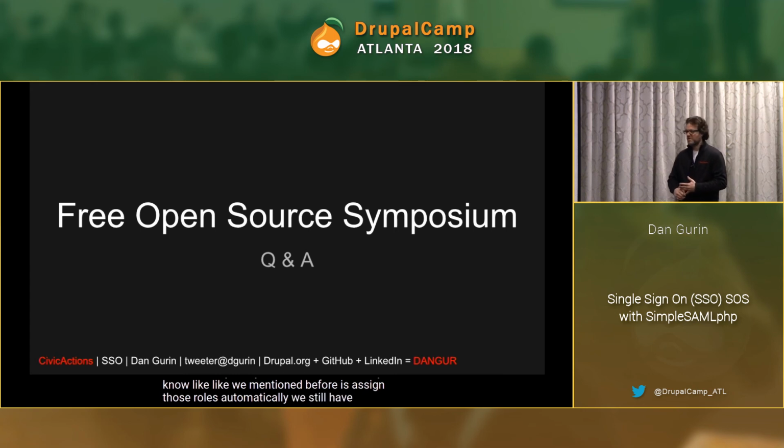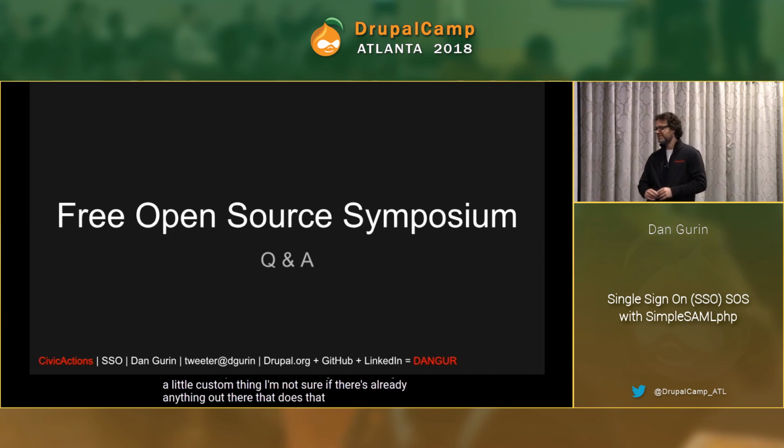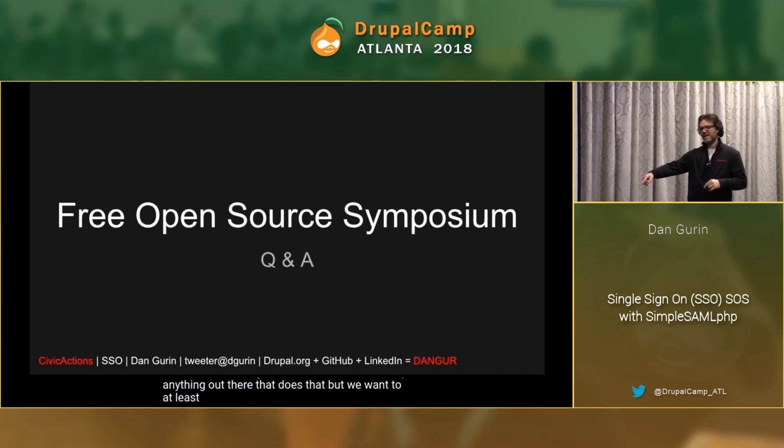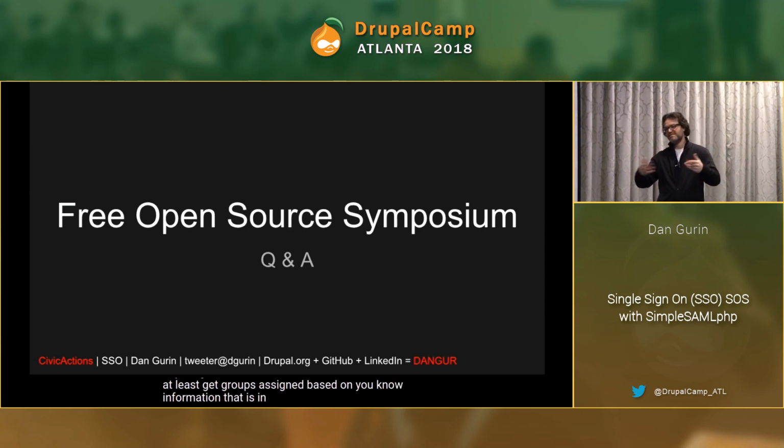We still have to do a little work to have the group assigned automatically. We might have to write a little custom thing. I'm not sure if there's already anything out there that does that, but we want to at least get groups assigned based on information that is in the identity provider.